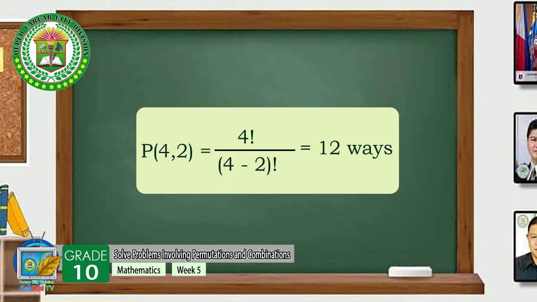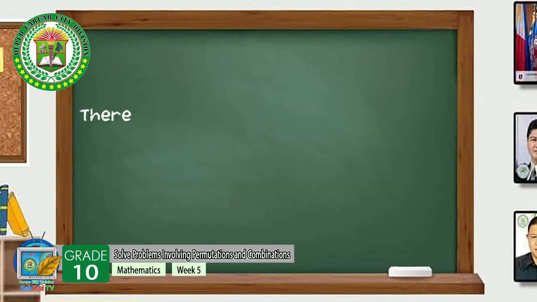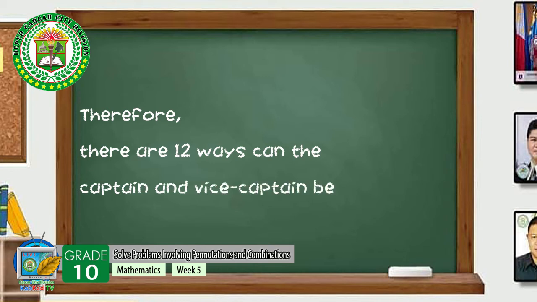So we have here 4 times 3 times 2 times 1 all over 2 times 1. So that is 24 divided by 2, and that is 12. Therefore, there are 12 ways the captain and the vice captain can be chosen.